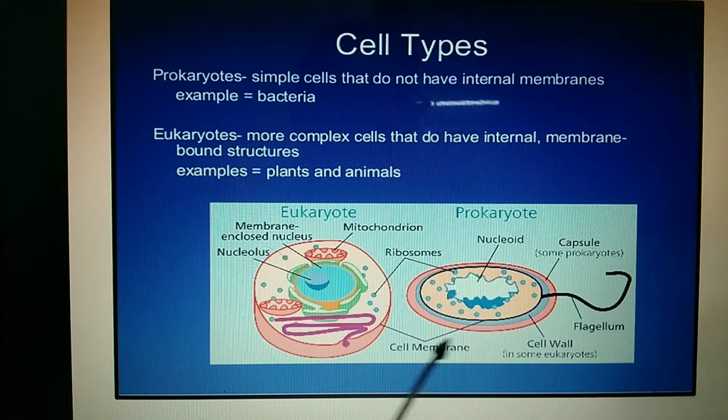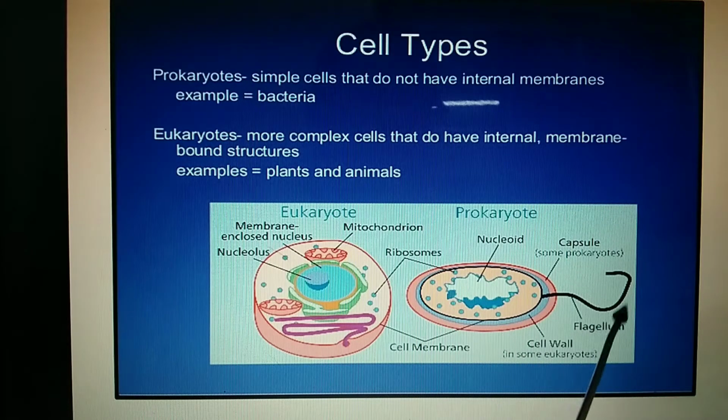Here, in both eukaryote as well as prokaryote, the cell membrane is present, and ribosomes are present. Mitochondria is present in the case of eukaryote, and a membrane bound nucleus is present with the nucleolus. On the other hand, in the case of prokaryotes, it is surrounded by a capsule apart from the cell membrane in order to withstand extreme conditions.